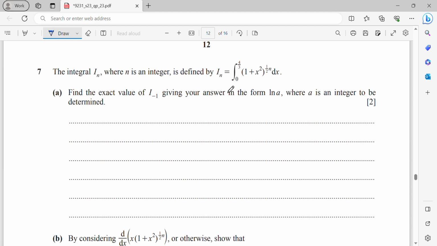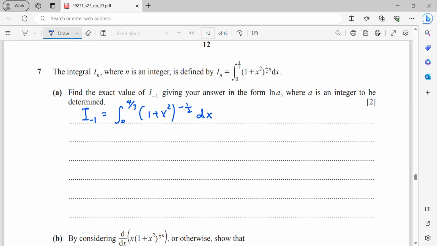Now question number 7. The integral In, where n is an integer, is defined by In equals to this integration. So now find the exact value of I to the power of negative 1, giving your answer in ln a, where a is an integer to be determined. So now I to the power of negative 1 will be the integral from 0 to 4 over 3 of 1 plus x squared to the power of negative half dx.